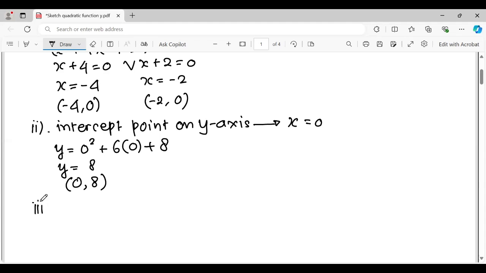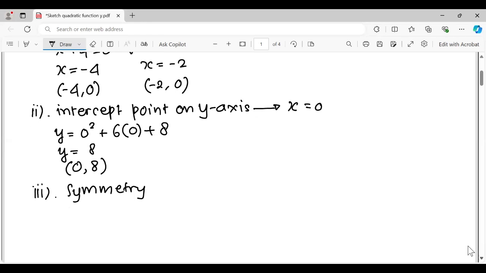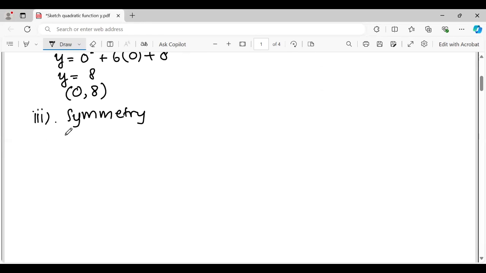The third step, we're going to find the symmetry of the graph. If the function is y equals x squared plus 6x plus 8, it means there are two coordinate points on the x-axis. So the symmetry we can find through this formula: x equals minus b over 2a.